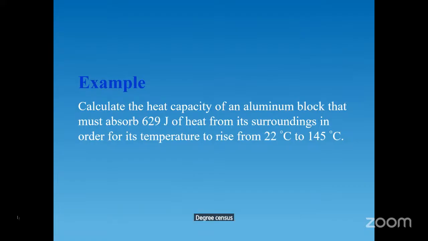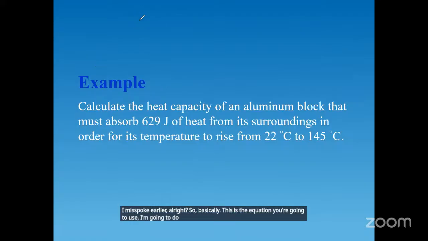Now, this one is asking for the heat capacity, not the specific heat. I misspoke earlier. So this is the equation you're going to use. I'm going to do it over here, up top.